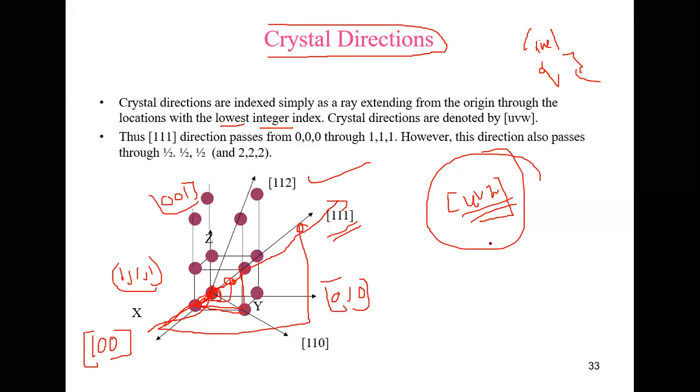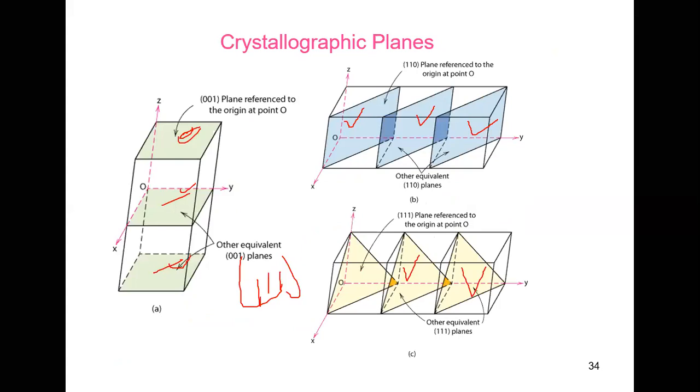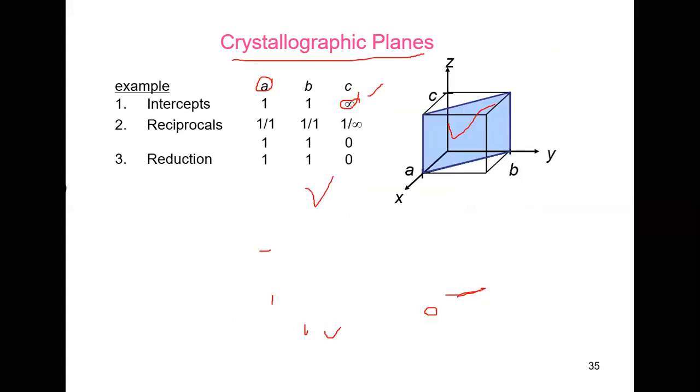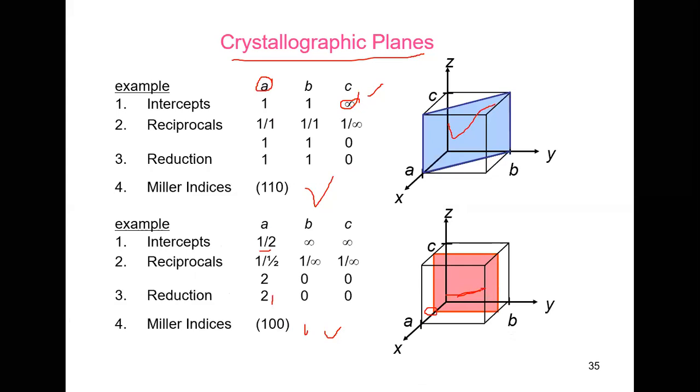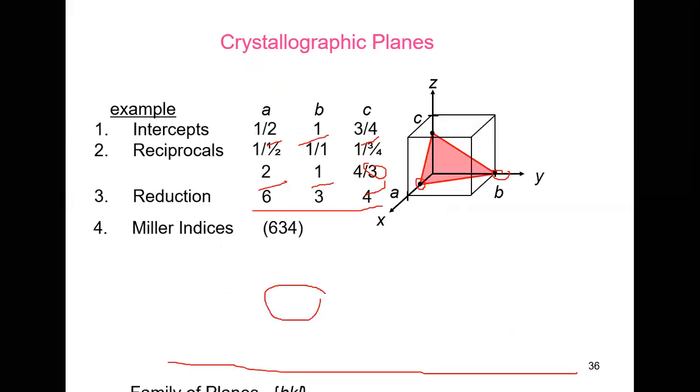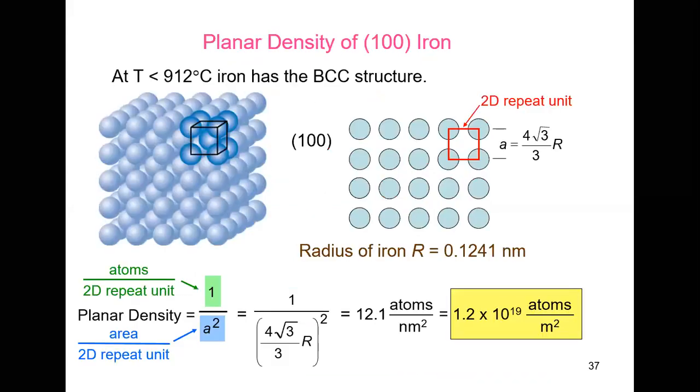Then we studied crystal planes, how to index a crystal plane, and also crystal directions, families of planes, etc. Previously, we calculated linear density and overall density, but we did not calculate the planar density of atoms because we did not know about crystal planes at that time. Now we know about crystal planes, so we need to study how to find the planar density of atoms.